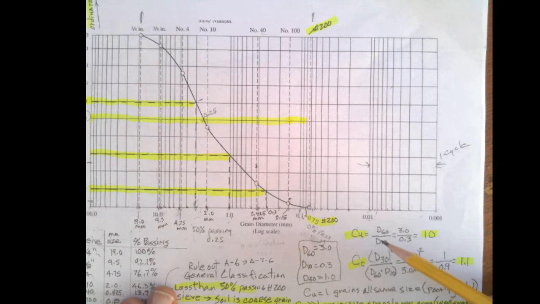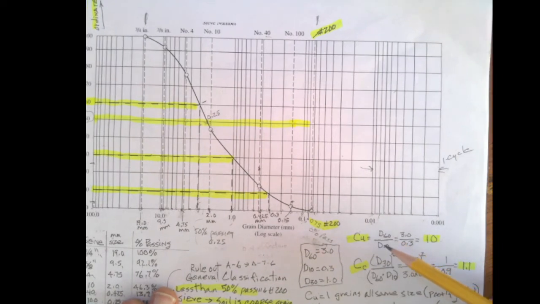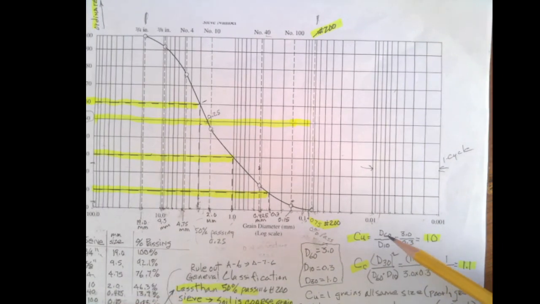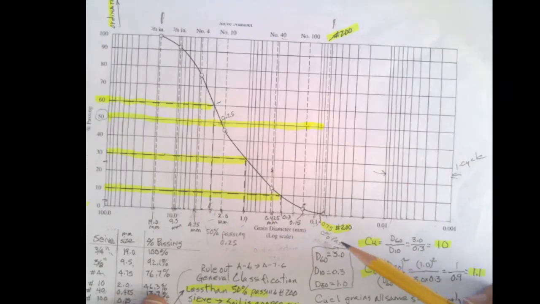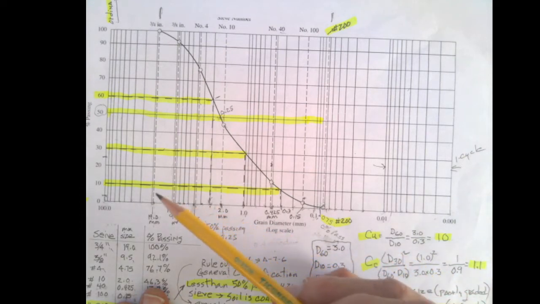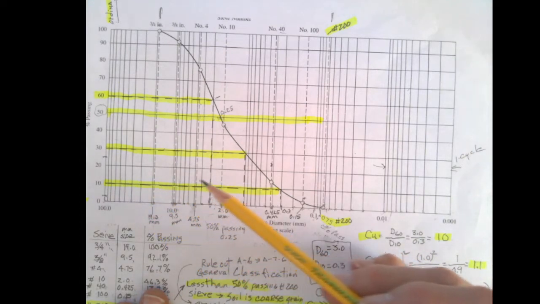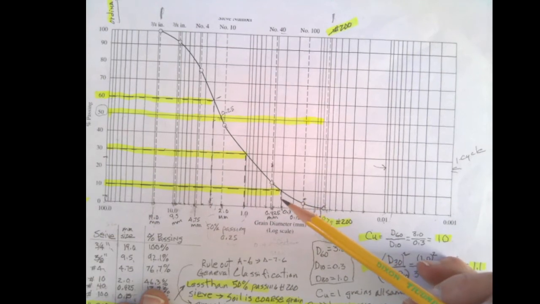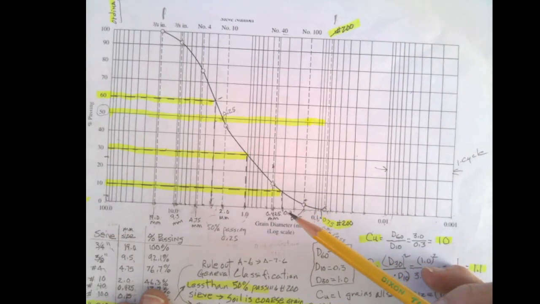Okay. Now look at the D10. This is D60 divided by D10. So we've got to go to the D10, the diameter that is passing 10%. So that takes us right over here, go all the way over to the curve, drop down, and that puts us at a 0.03 right here. So go back over to the calculation and you'll see that that's 0.03.